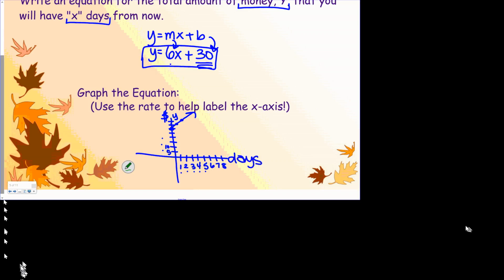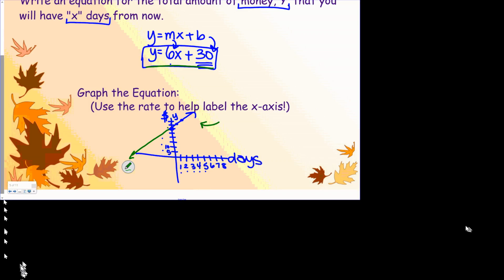Now you'll notice that I only plotted in quadrant 1. We do know that this is a line and it goes on forever though. So it would be acceptable for the equation to plot that line going in both directions and extending it on forever. And in fact, that's what y equals 6x plus 30 represents, this line going on in both directions.